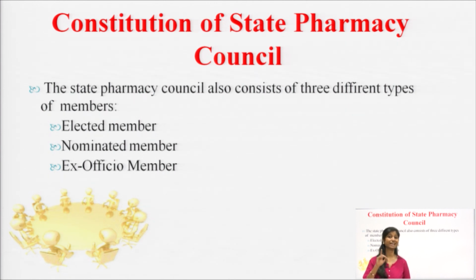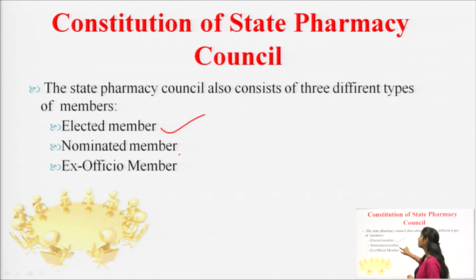We are talking about office bearers. We are not talking about executive committee, that was the part in central government. In state government we don't have executive committee, we just have office bearers, and these office bearers are similarly appointed as elected members, nominated members and ex officio members.